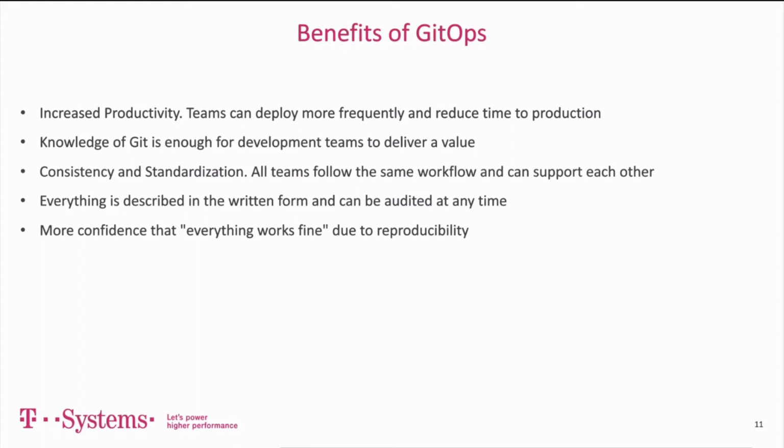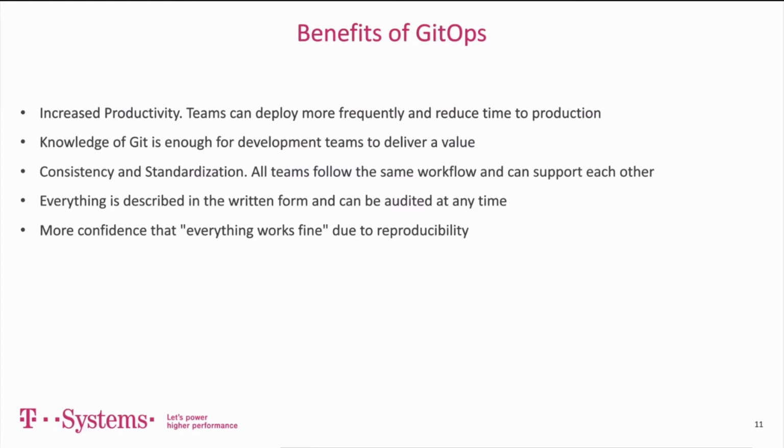The next thing is consistency and standardization. If all the teams are sharing this approach, then it will be super easy for people to switch from one team to another because there will be no reinvention of the wheel, and people can be more productive. Everything is described in written form and can be audited at any time, which is also a good feature of Git, because then it's not possible to run your favorite command against the Kubernetes cluster with kubectl and go home.